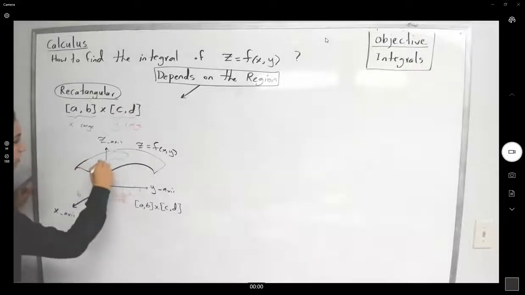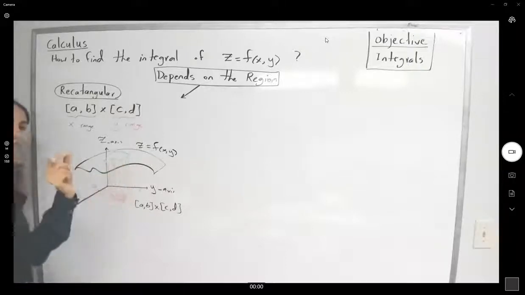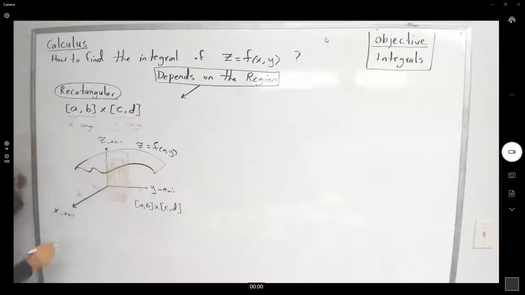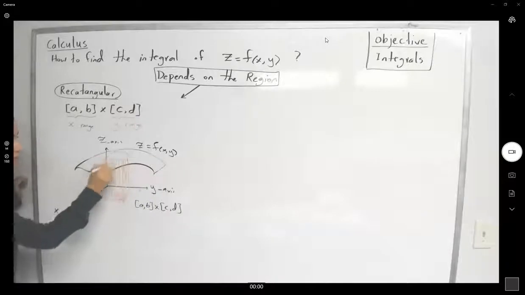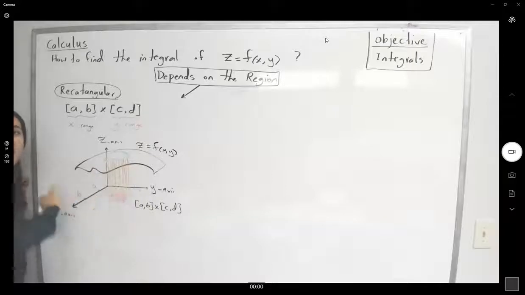This volume, you have some heights. You take each of these heights in a very small, nice infinitesimal, and then multiply each height by its base, add them all together, and define the double integral.